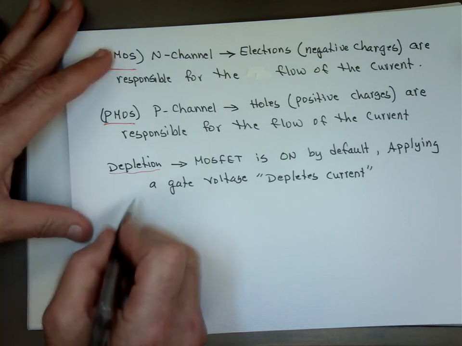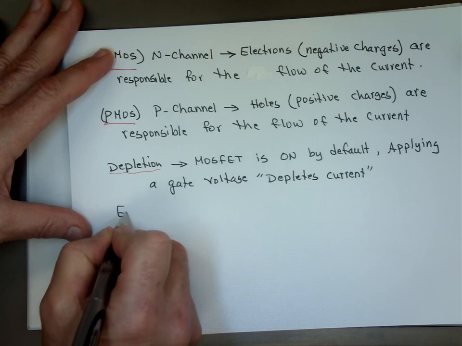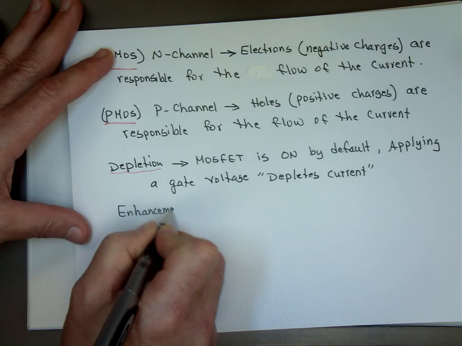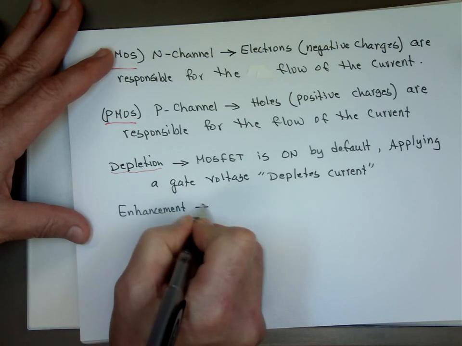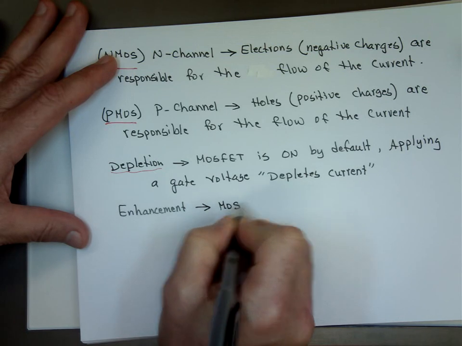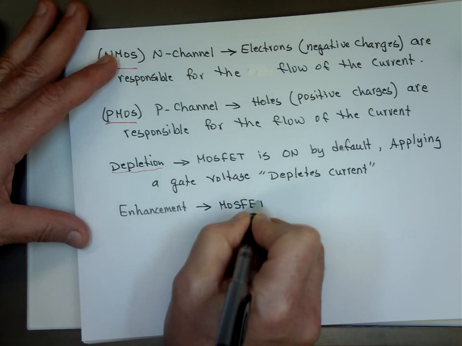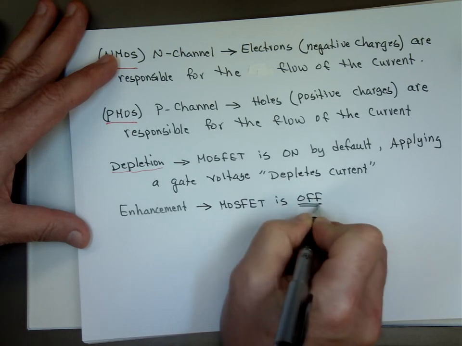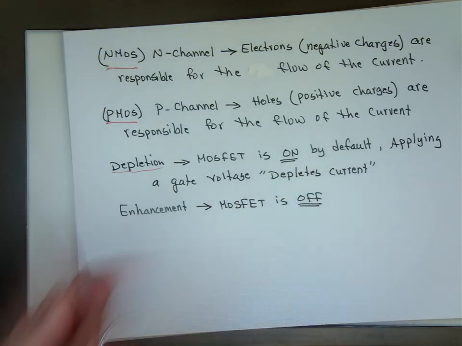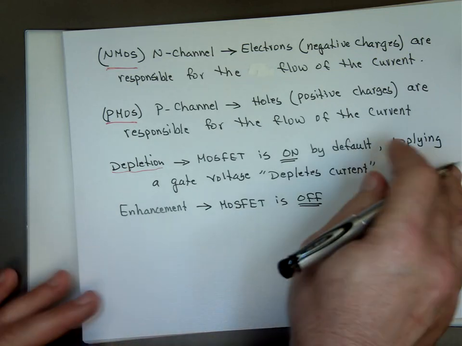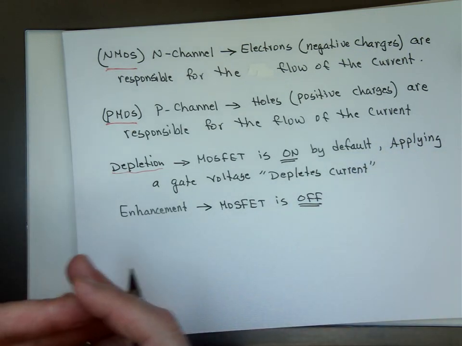When we're talking about enhancement MOSFET, we look at the MOSFET in the off position, which means open switch. In depletion mode, we treat the MOSFET as in the on position, and applying voltage will drain or reduce the current.